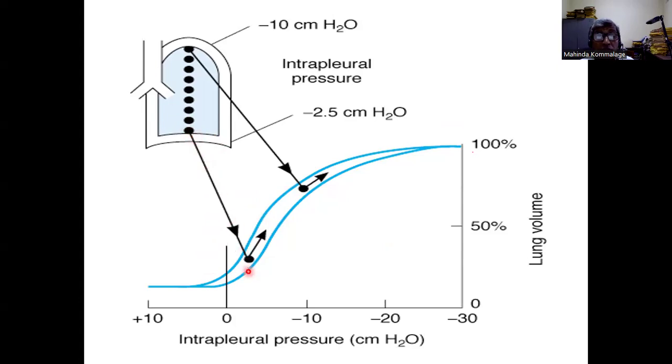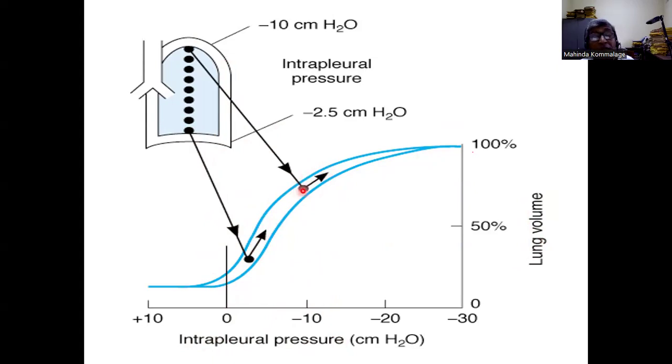So this again, just to show that interpleural pressure is -2.5 somewhere here, but at the top it's about -10, right? And of course, that is interpleural pressure and lung volume change. In this diagram, you can see the shape of the base and the shape of the apex or top is not the same.